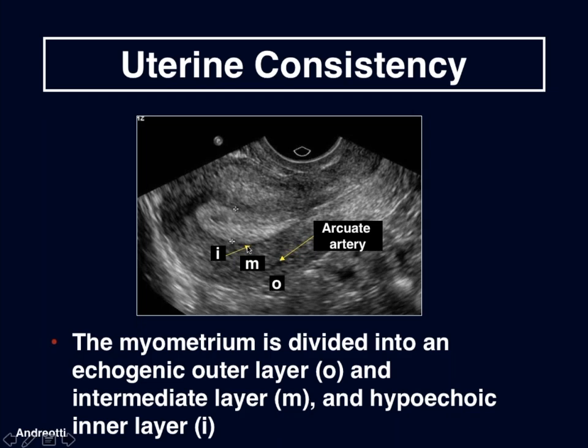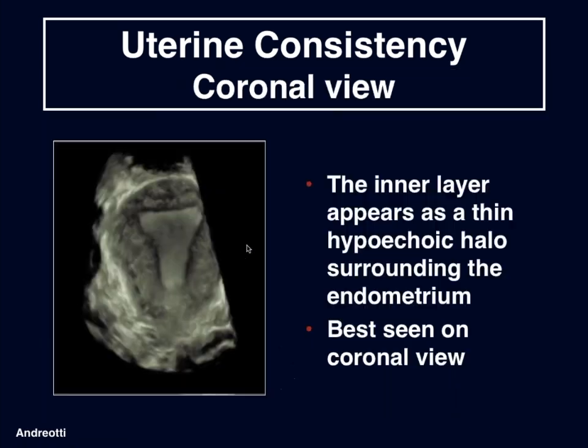Actually, this is usually not that well visualized on sagittal and transverse views, but if we perform a 3D reconstruction of the uterus to obtain a coronal view, the inner layer appears very clearly as a thin hypoechoic halo surrounding the endometrium.